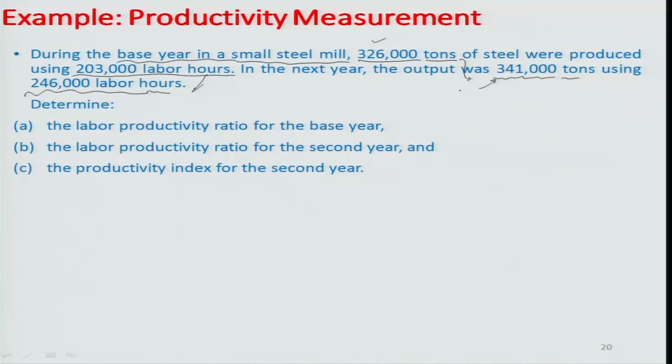So, we want to determine the labor productivity ratio for the base year, the LPR for the second year, and then the index for the second year. For the base year, I calculate LPR as the number of work units, or output, divided by the number of labor hours.